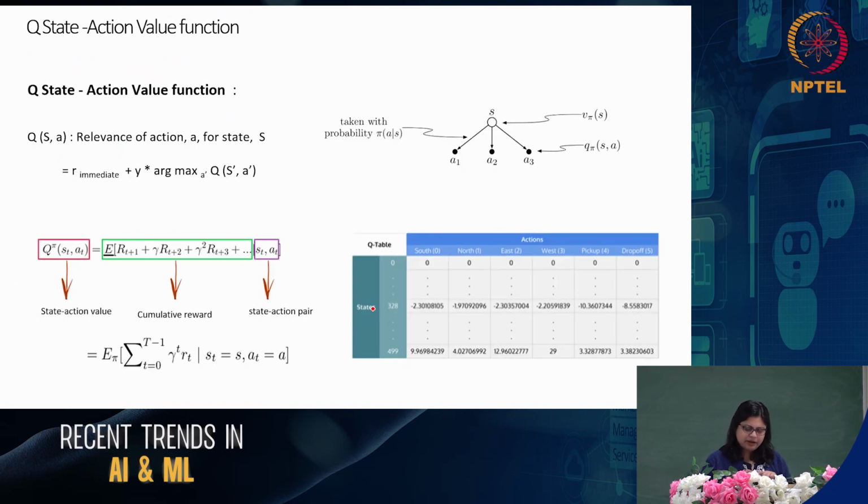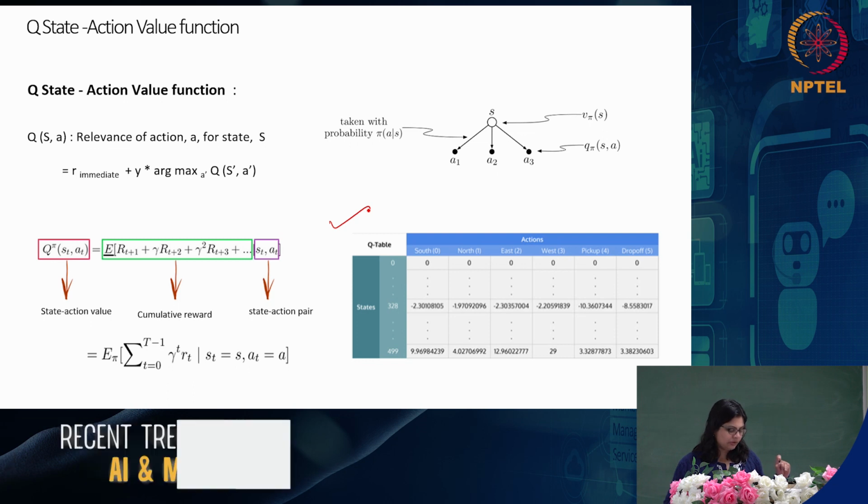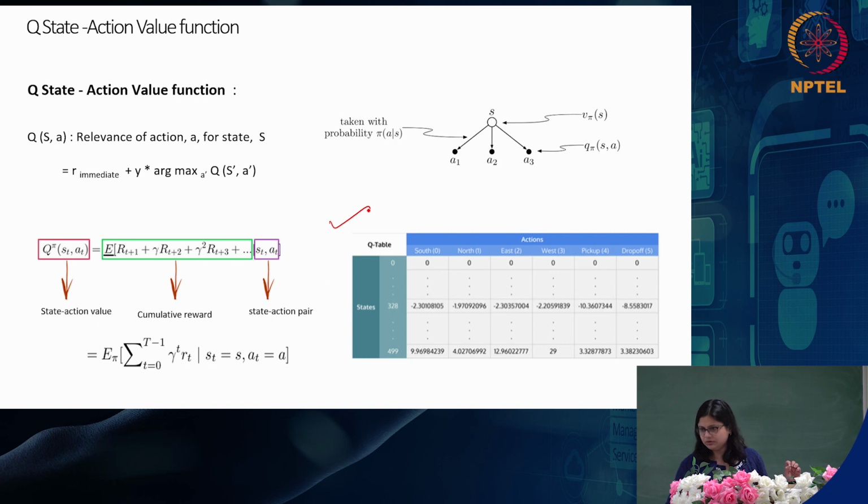So this is our Q table. Now you know that once we can get the Q table, it is very easy for us to determine the action. If you are following a greedy algorithm, then given a state, you have to select the particular action which has the highest Q value. Q is a quantification.